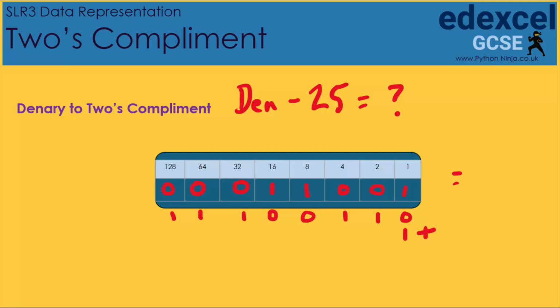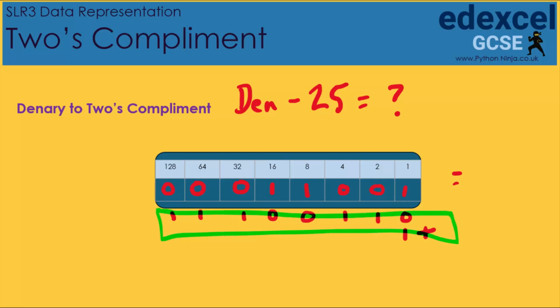Okay, and remember we're only adding the stuff in the green box. So 0 plus 1 is 1. 1 plus, well, there's nothing to carry, so this all just carries on unchanged, nice and easy.